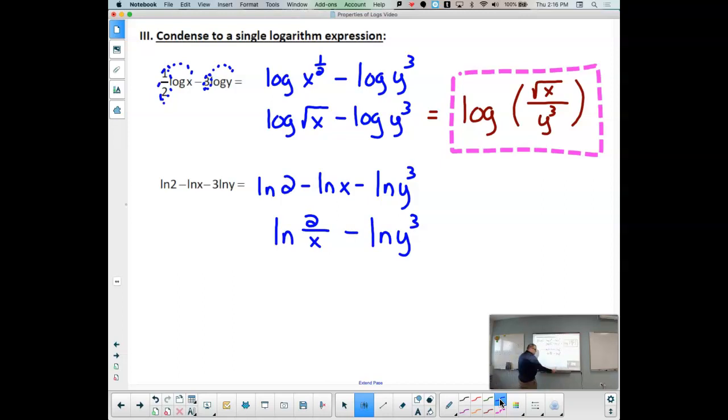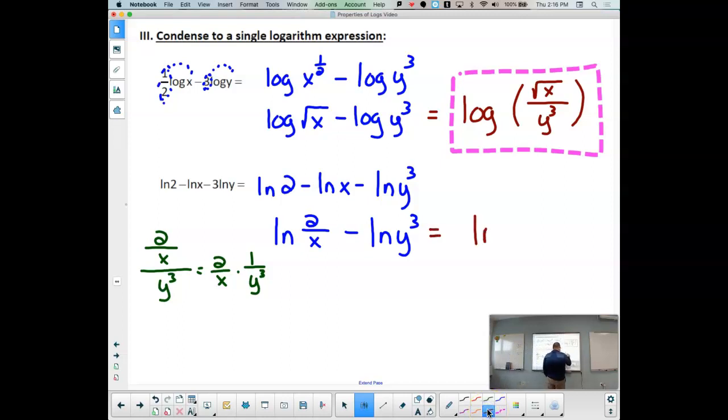But then, so now let me go over here on the side. So I've got 2 divided by x divided by y cubed. Well, that's going to be 2 divided by x times 1 over y cubed. So that y cubed is also going to end up on the bottom.